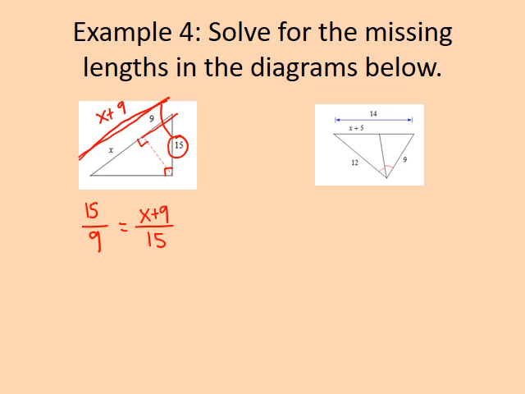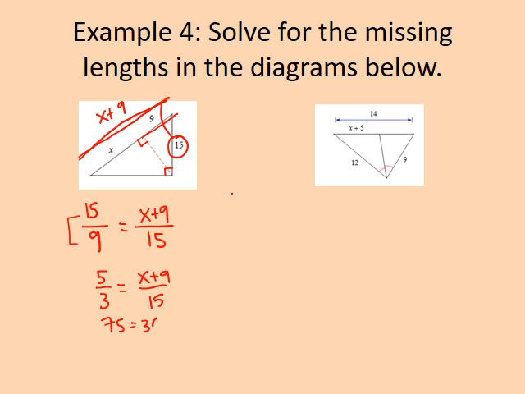Now we could just cross multiply, but these numbers are a little big. So when the numbers are big, I like to simplify the proportion if I can. So 15 divided by 9 simplifies to 5 over 3, and that equals x plus 9 over 15. Now we're going to cross multiply. So 15 times 5, I think it's 75. 15 times 5 is 75.